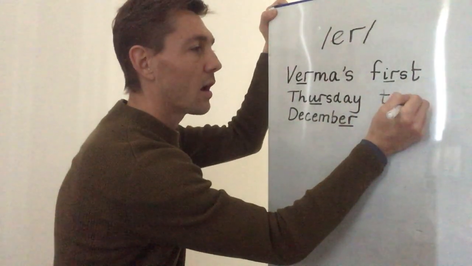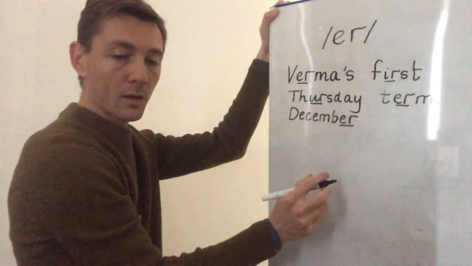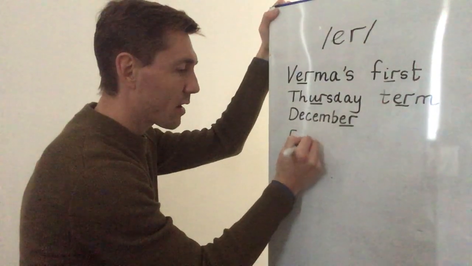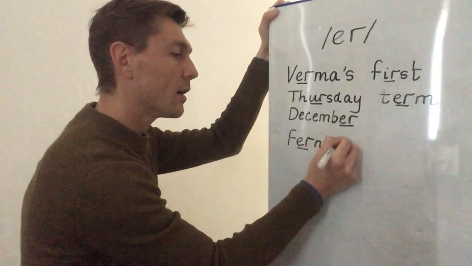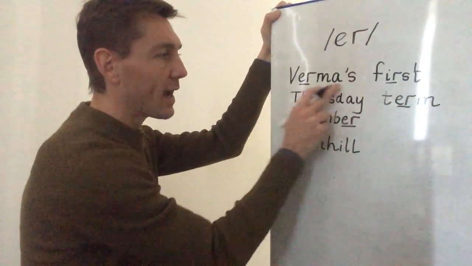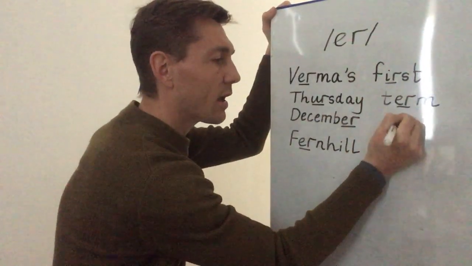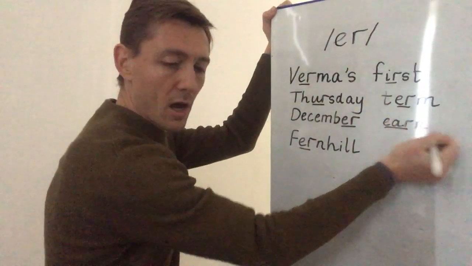Good. At Fernhill School. Fernhill. Verma again. We've got wanted to earn. E-A-R spelling of the sound in earn.